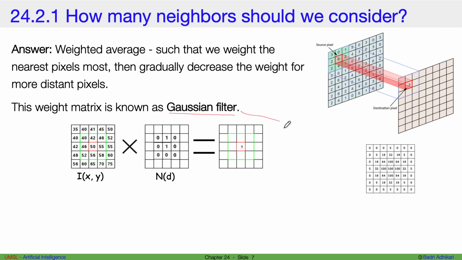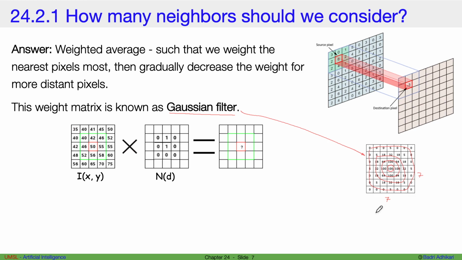Here is an example of such a filter. This is a 7 by 7 Gaussian filter. It's a Gaussian filter because you see very high intensity in the middle, and in the next level the intensity is slightly becoming lesser and lesser, and so on. And at the most outer level, it's almost zero everywhere.